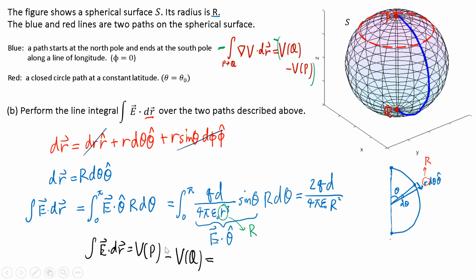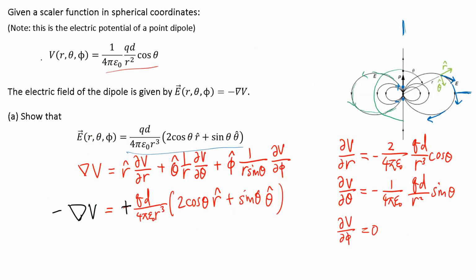So what is the value of V at point P? At point P, theta and phi are all 0, and r is capital R. So V is equal to 1 divided by 4 pi epsilon naught, QD divided by capital R squared.